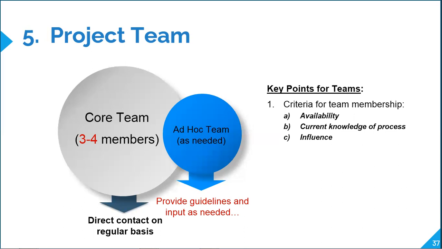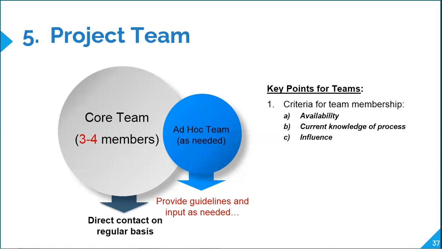Then you have a master black belt and black belt, who are specialists in Lean Six Sigma and its deployment. So you also need the support of your senior management as well as your master black belt intermittently while deploying this project. That is why they are your ad hoc team. They provide their guidance, share their experiences, and help to successfully deploy this project.